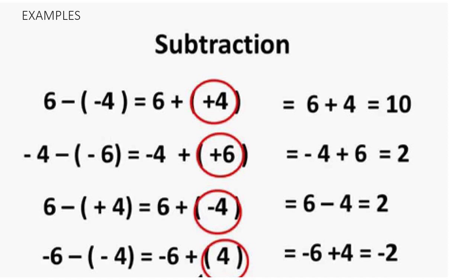Next, minus 4 minus of minus 6 means minus 6 is to be subtracted from minus 4. You know that always the second number is being subtracted from the first number. So minus 6 is being subtracted from minus 4. We will write it as minus 4 plus. The second number is minus 6, so it will become plus 6.